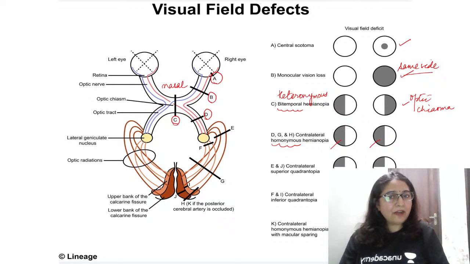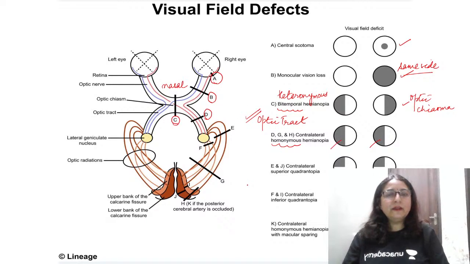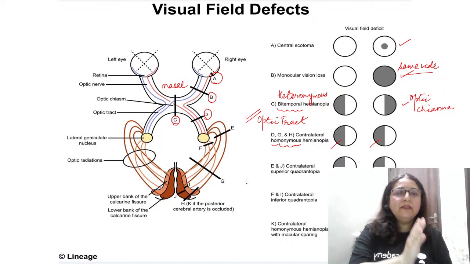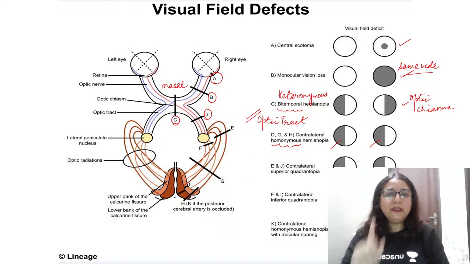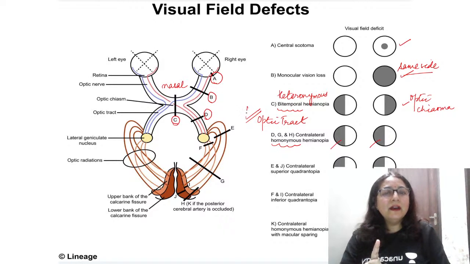Okay, which half? Now again important to remember that starting from optic tract onwards, lesion of one side will produce contralateral hemianopia. Okay, contralateral hemianopia. It means if the optic tract of right eye, like in this case, if optic tract of right eye is affected, then the left half of the visual field in both eyes will be affected.